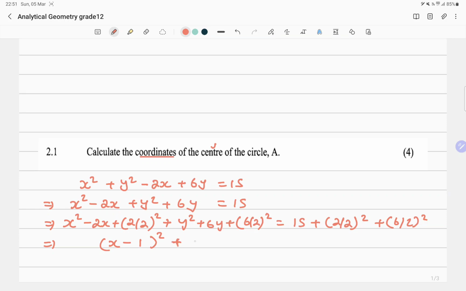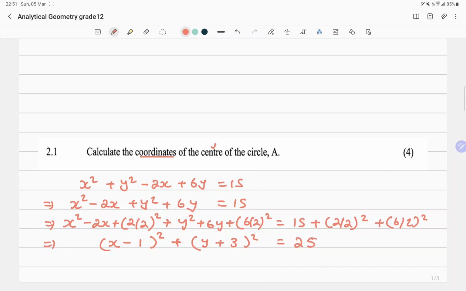Plus, for y, we take y, the original sign, and 6 divided by 2, which is 3, all squared. On the right we add everything together: 15 plus 1 squared, which is 1, gives 16, and then 3 squared is 9. 16 plus 9 is 25.